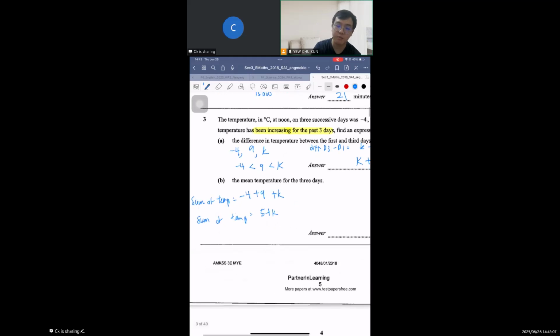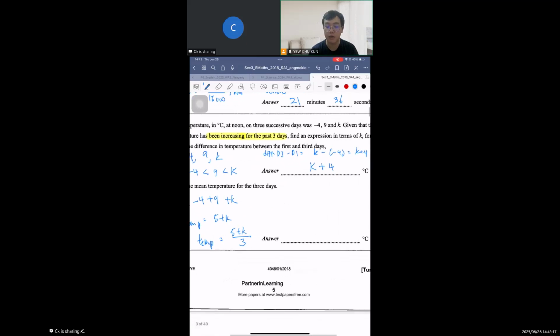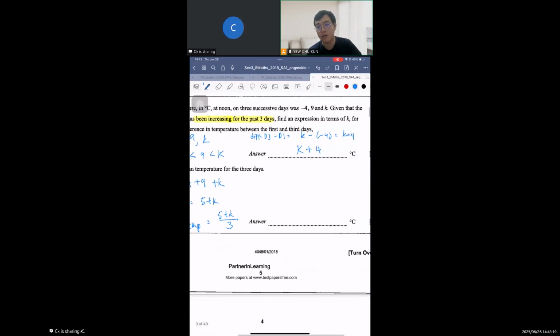So the mean temperature is 5 plus k divided by 3. And then don't forget about the unit. In this question, the unit is provided. If it didn't provide a unit, remember to write it. So the final answer is 5 plus k over 3.